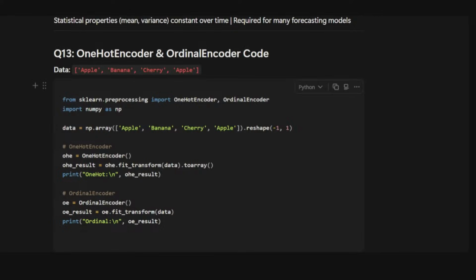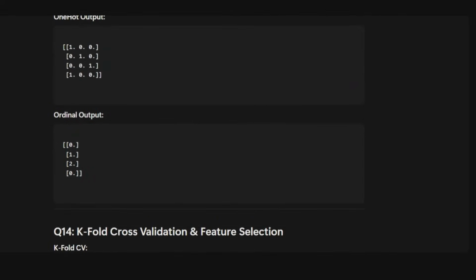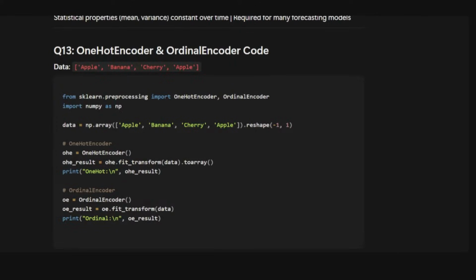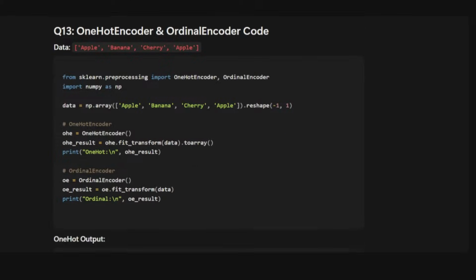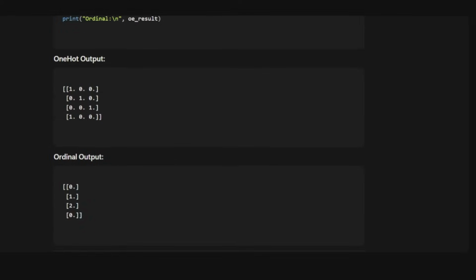When we did one hot encoding, we took apple, banana, cherry as the unique values present in the data set and assigned a column for each of them, providing one if it was present in that row, and zero if it was not. Whereas your ordinal encoder directly takes the unique data: apple, banana, cherry. Apple is assigned zero, banana is one, cherry is two, and it is given as the output accordingly.